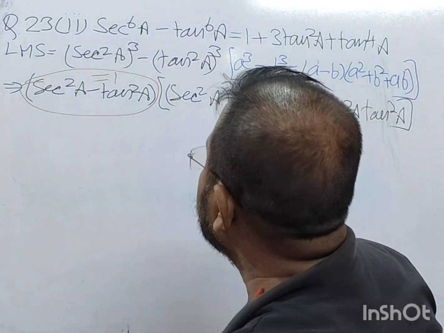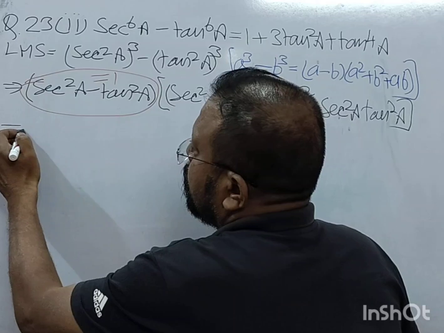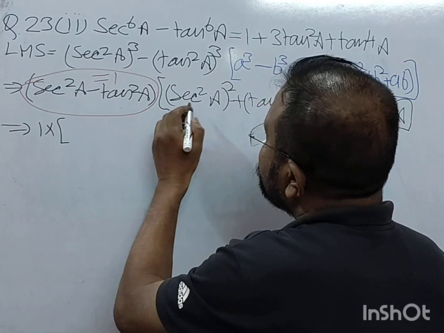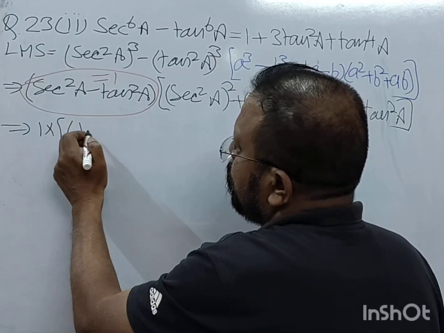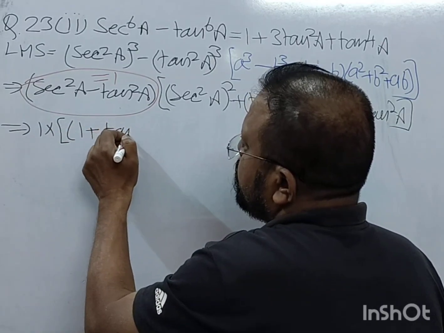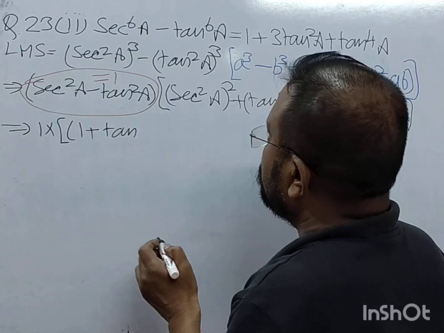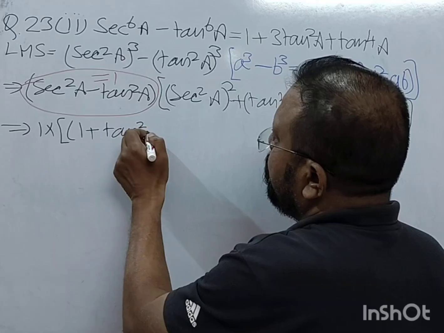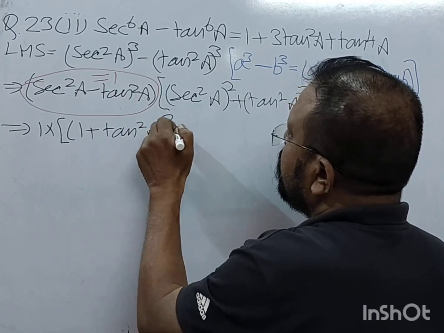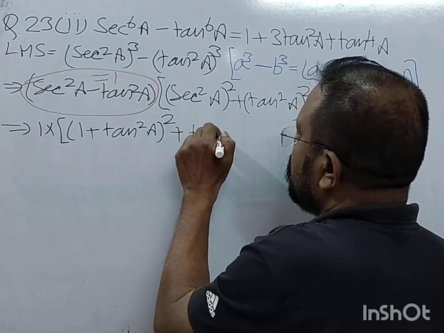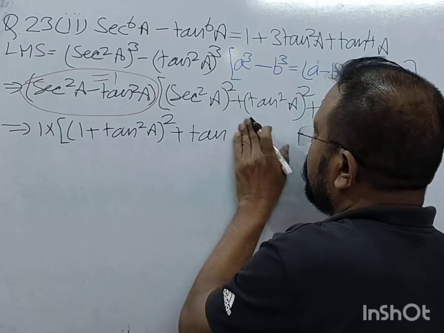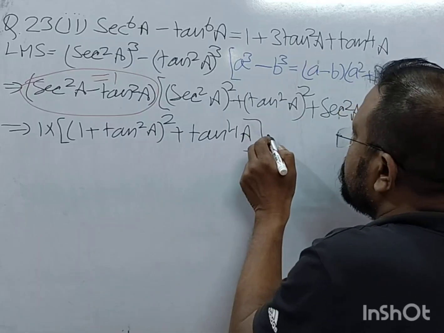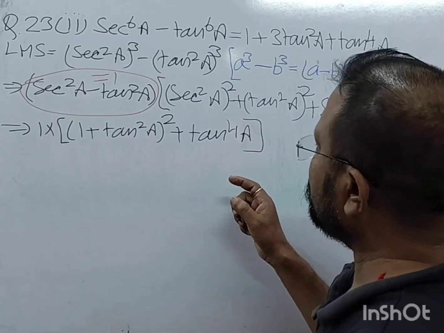So you can write here 1 into bracket, sec square a will be written as 1 plus tan square a, whole square, plus tan raised to the power 4a, plus again sec square a, which is 1 plus tan square a.